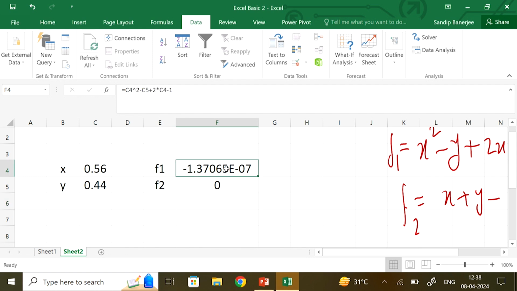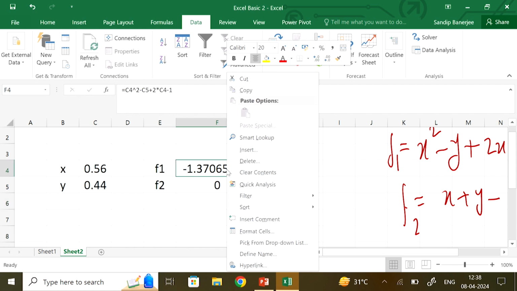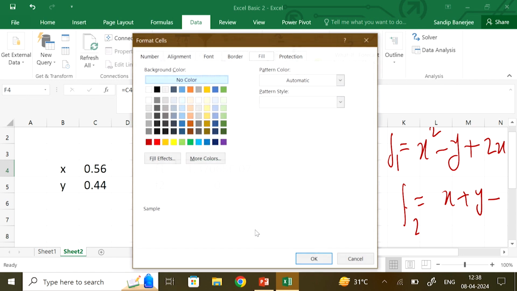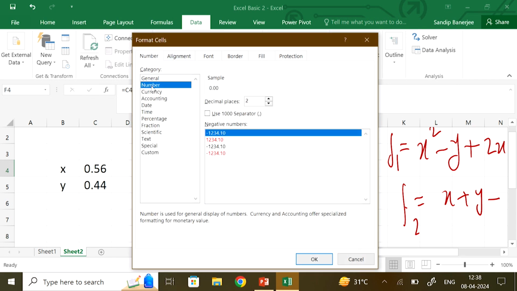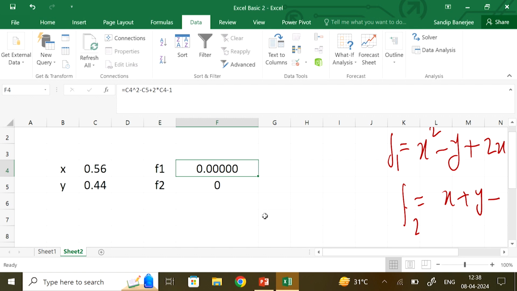If you want to see them in decimals, right click, go to format cells, go to numbers, increase the decimal point to 4 or 5, and you get this.